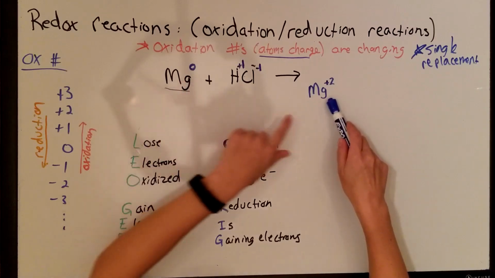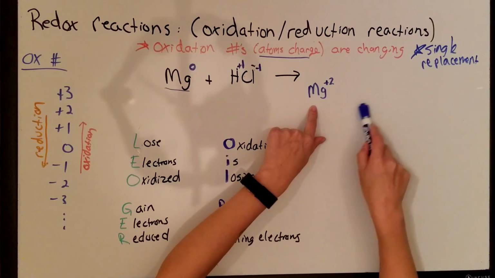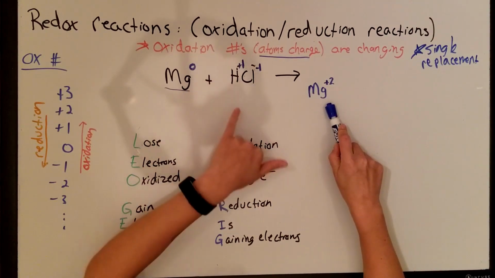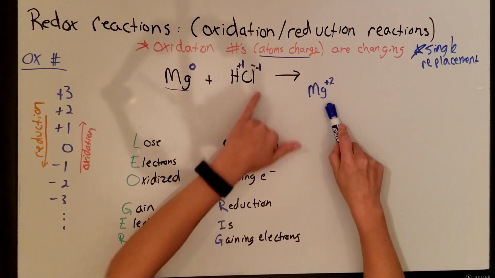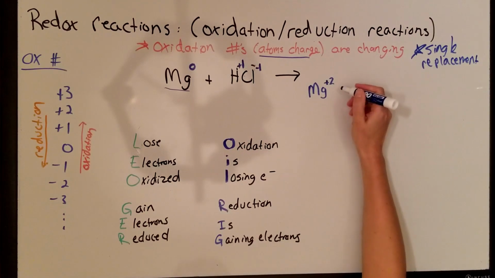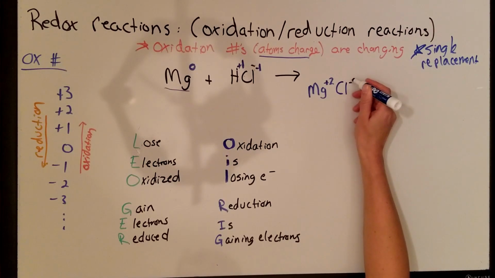So if magnesium's a +2 when it's in a compound, on the product side, is it going to be with hydrogen, who also has a plus charge, or is it going to be with chlorine, who has a minus charge? Okay, it's actually going to be with chlorine because we want a negative and a positive together.